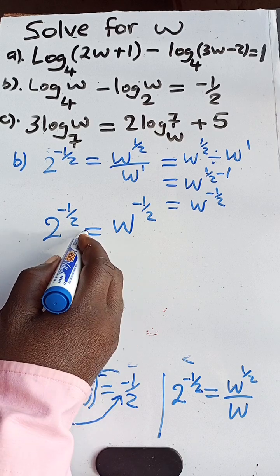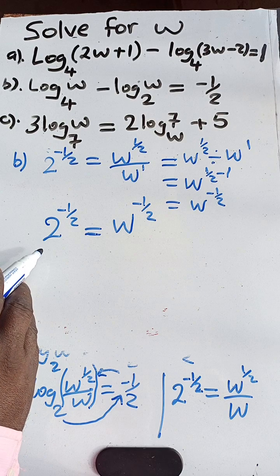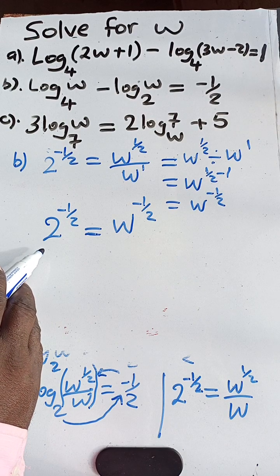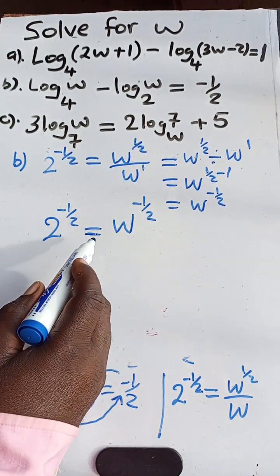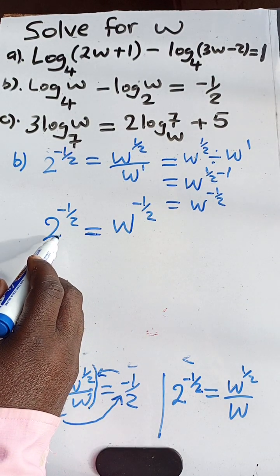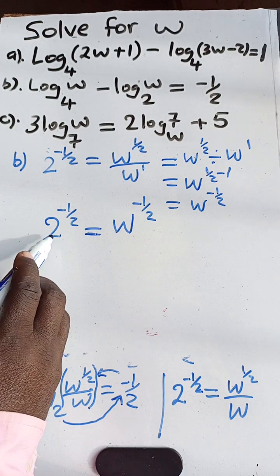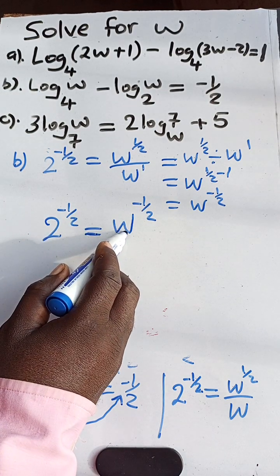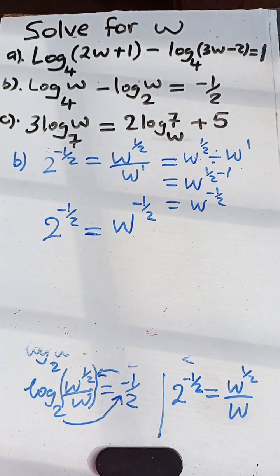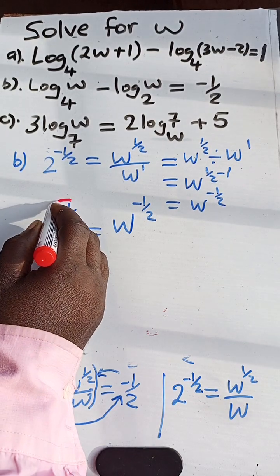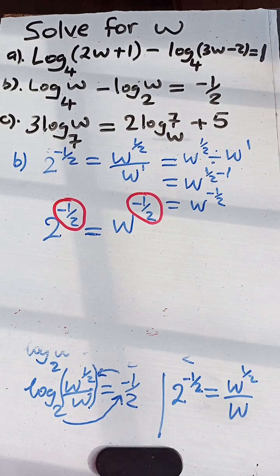Okay? We have arrived at an equality of 2 index expressions. Once more, we have to check. If we say this index expression is equal to this index expression, then we expect that the bases must be equal and the powers must be equal. Now, when we look at the bases, here the base is 2, the base here is w. Okay? But when we look at the powers, the power here is negative half, the power here is negative half.